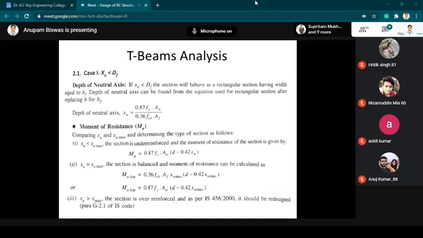And if it is over-reinforced, then certainly it is not acceptable and we have to redesign the section. Okay, I hope this is clear to everyone.